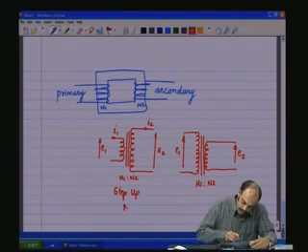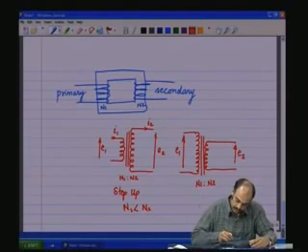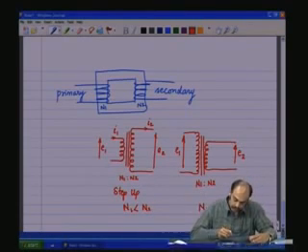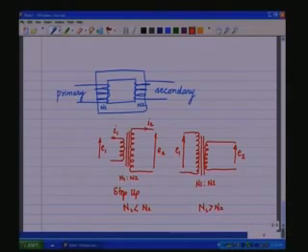Now here you have N1 less than N2, and here you have N1 greater than N2. So which means E2, the secondary voltage, is less than the primary voltage, and such a transformer is called a step down transformer.